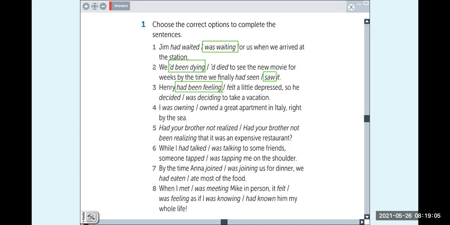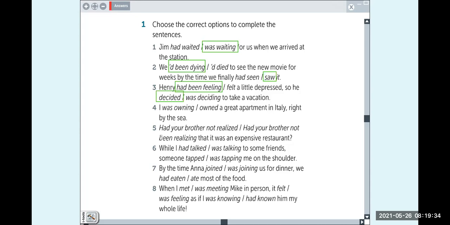So he decided to take a vacation. As you can see, this action happened for a long time before, or was in progress before, another action in the past, right?